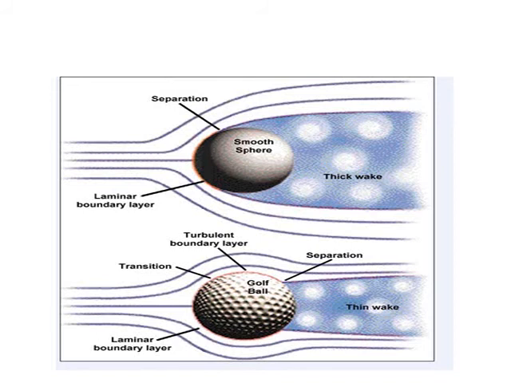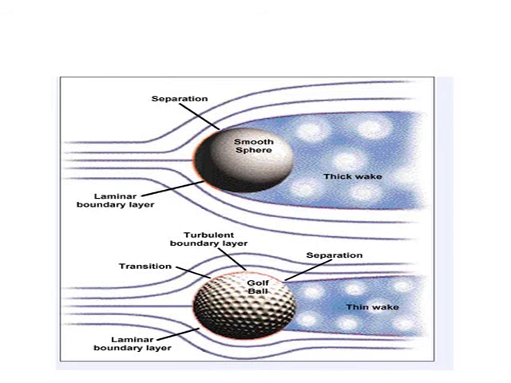But in the second case, golf ball, instead of the smooth sphere, if you kept a golf ball, you see the transition region. Laminar boundary layer changes gradually to the turbulent layer. Separation takes place and you will get the thin wake at the exit of this.